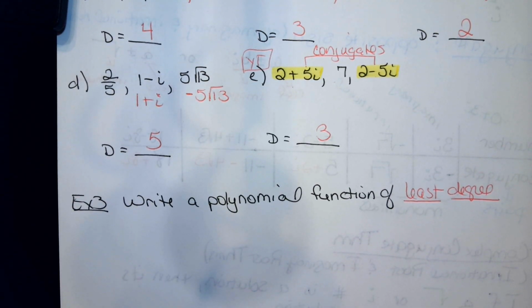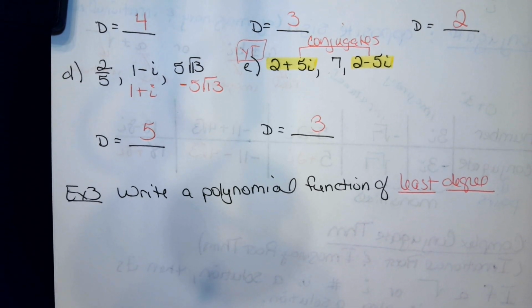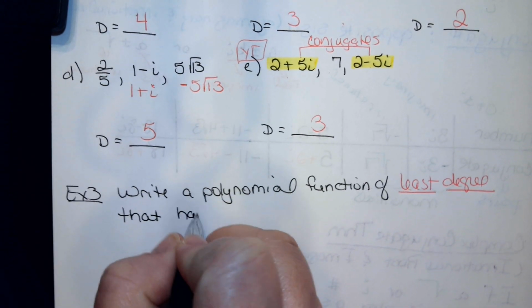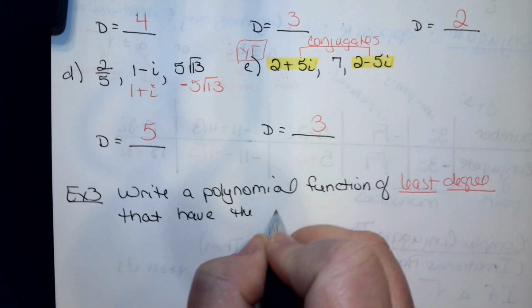All right, finishing up with our last set of examples. Here in example 3, we've got: write a polynomial function of least degree that has the given zeros.